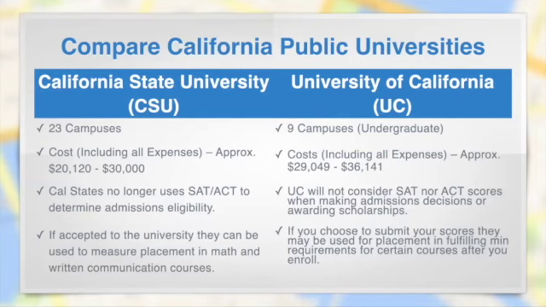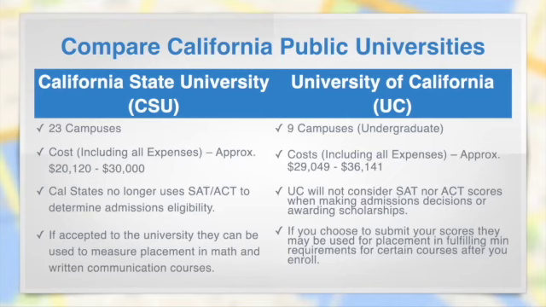Say it again: no SATs or ACTs when making admissions decisions for the UCs or awarding scholarships. If you choose to submit them, they may be used for placement, or to fulfill minimum requirements for certain courses after you enroll. Huge change than we've seen over the years.